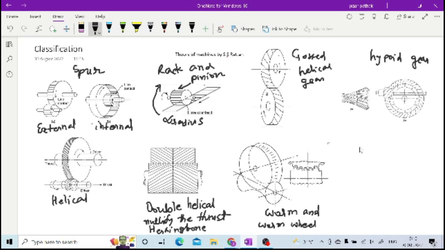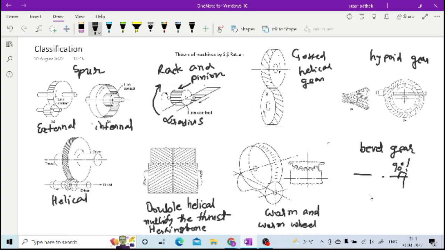Here you are having non-parallel and intersecting shafts also. These are parallel and non-intersecting. These are non-parallel and non-intersecting. Sometimes you are having non-parallel and intersecting shafts; in that you are having bevel gears. Your figure is not mentioned, but bevel gears are that kind of gears; in that you are having mitre gear when the axes of the shafts are intersecting each other at 90 degrees.